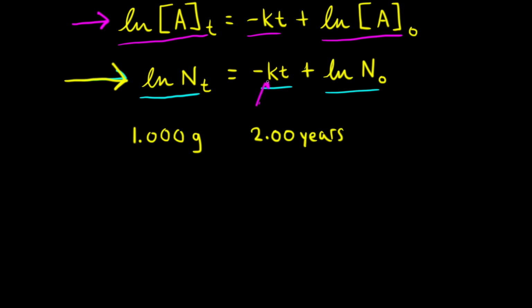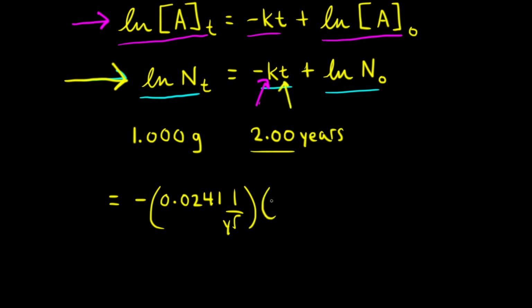We already know what k is. We found that in our earlier problem, so we can write this is equal to negative times k, which is 0.0241. Next, we also know the time period we're interested in, so T is 2 years. Let's write 2.00 in here for the time.